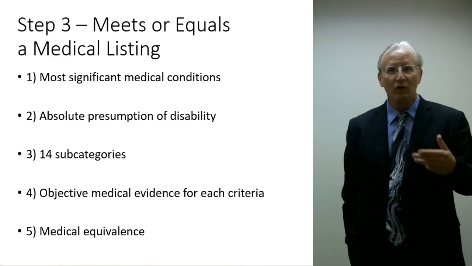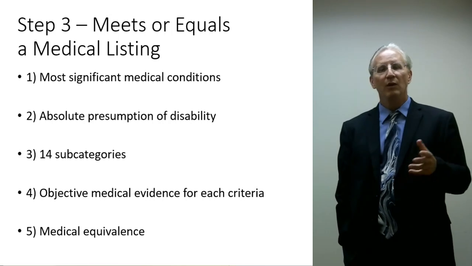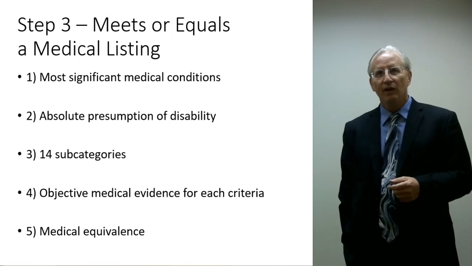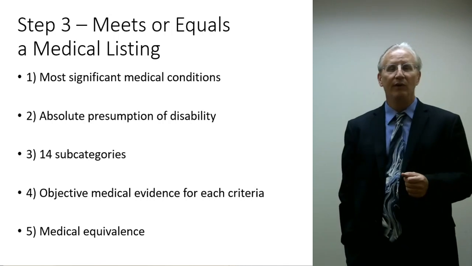Those conditions which are so severe that Social Security provides for an absolute presumption of disability based on specific medical criteria. Now, Social Security couldn't possibly address every medical impairment at Step 3.